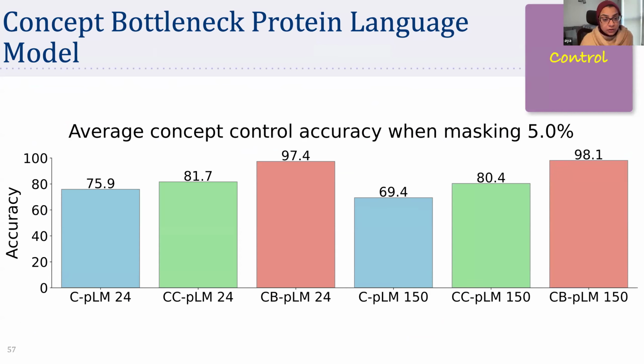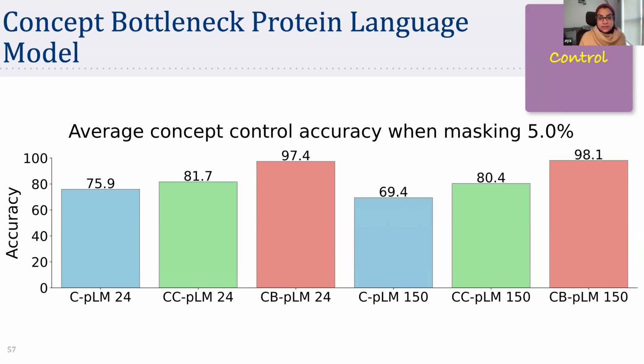So these are the results we have. The first model is a regular conditional model that we talked about at the beginning, where you put the tag at the beginning for the values of the concept. The second one is a concept classifier model, very similar to the one ESM has, where you put the concept at the beginning, but you also have a classifier head on top of that, and then you use both to make the prediction.